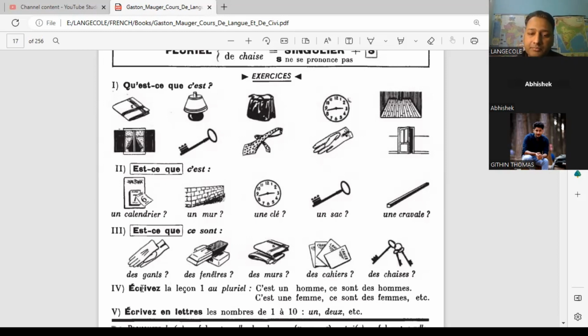And then you will write "écrivez la leçon 1 au pluriel."